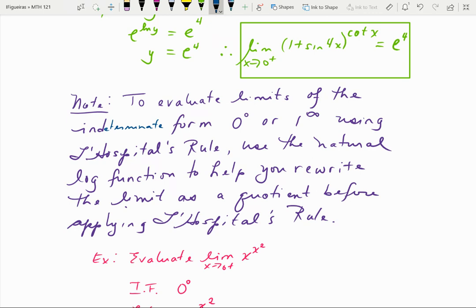The trick we applied above of letting y equal your limit and then taking ln of both sides will be done whether the original indeterminate form is 0 to the 0 or 1 to the infinity.